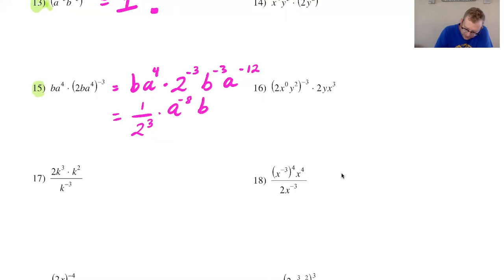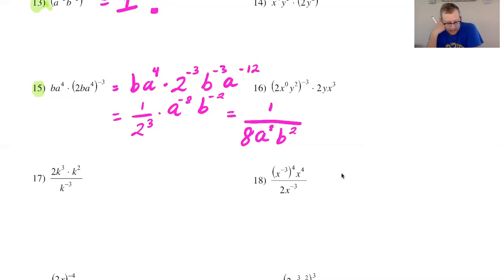And then b is 1 plus a negative 3, which is negative 2. Okay. So it looks like there will be nothing in the numerator except for a 1. And then 2 cubed is 8. And then we can throw the a to the negative 8 in the denominator. And then I have b squared. And that's as far as I want to simplify that. And that's good.